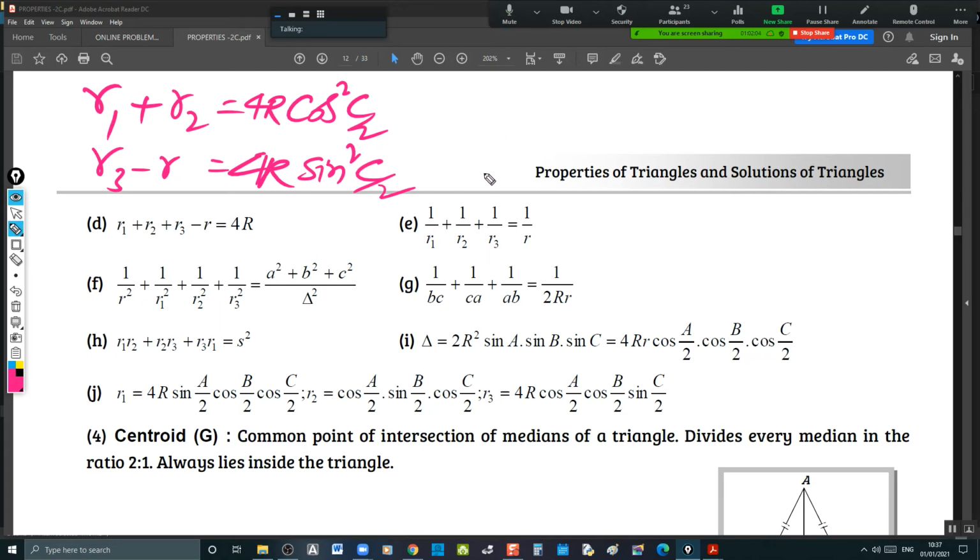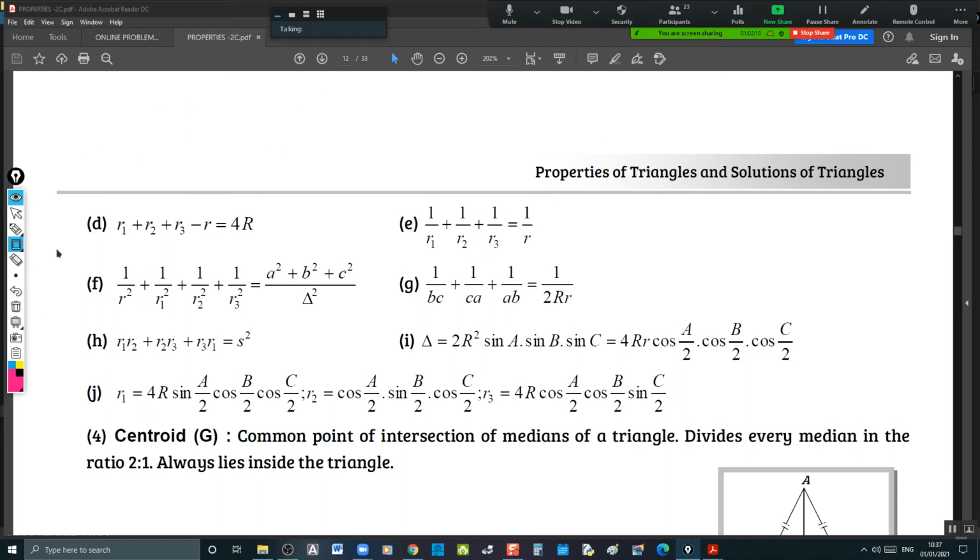You must be knowing this. I need not explain it, I think. Respond, please, whether you know this or not. Yes, yes, sir. These are the formulas I applied just now.